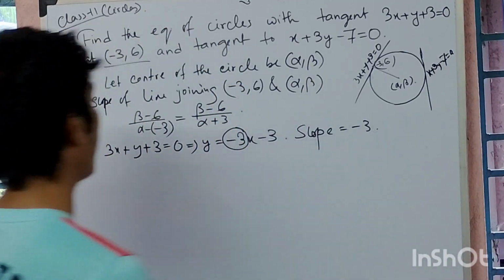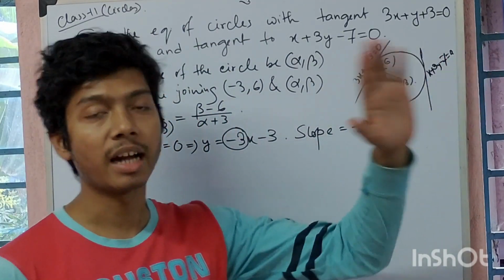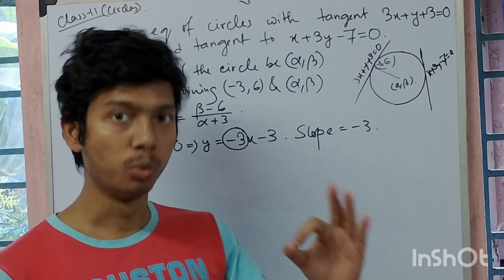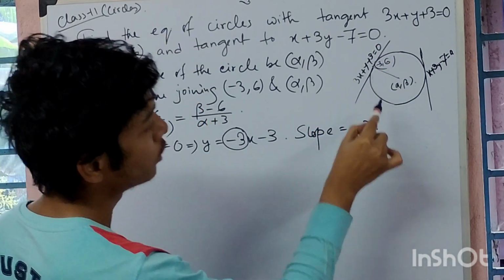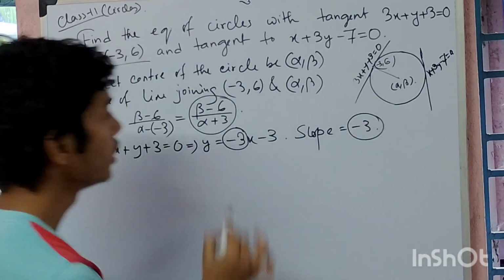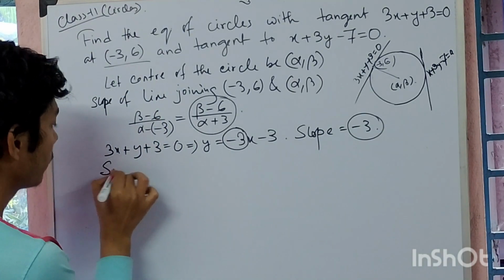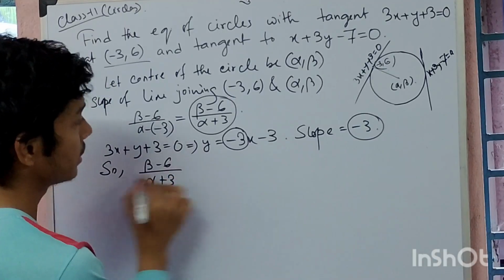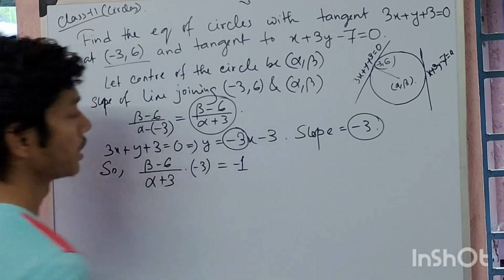Now if two straight lines are perpendicular to each other and their slopes are m1 and m2, then m1 into m2 equals minus 1. These two straight lines are perpendicular, and the slope of this line is this one and the slope of that line is that one. So the multiplication of these two should be minus 1. So beta minus 6 by alpha plus 3 into minus 3 equals minus 1.